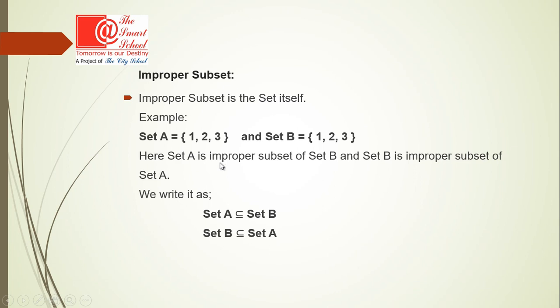Here set A is improper subset of set B and set B is improper subset of set A. We write it as set A. This is sign of improper subset. So set A is improper subset of set B, and as well as set B is improper subset of set A. Or very simply we can say that both of these sets are equal set of each other.